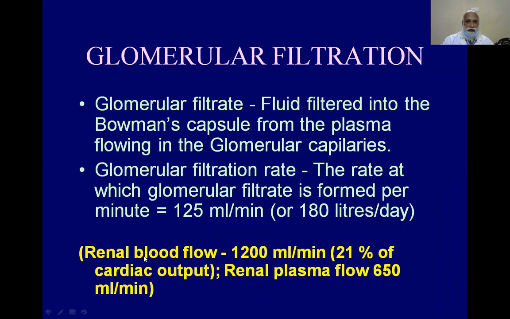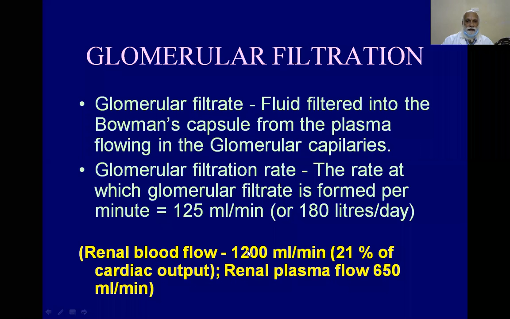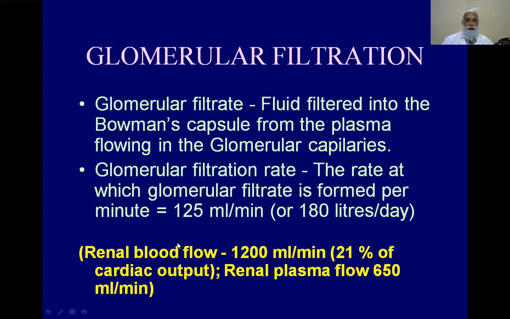Now, renal blood flow is about 1200 ml per minute, which amounts to about 21% of cardiac output. About 1/5 to 1/4 of the cardiac output is renal blood flow.